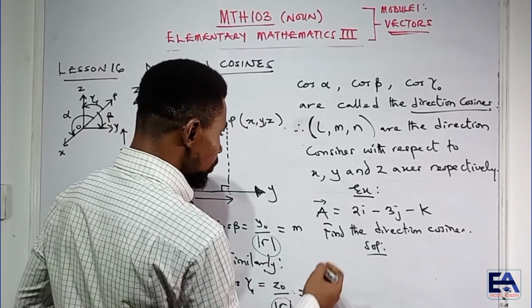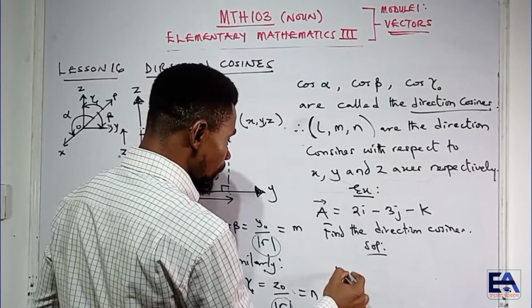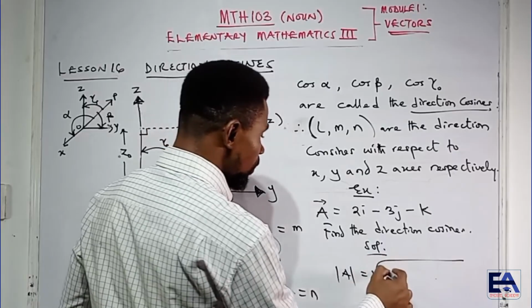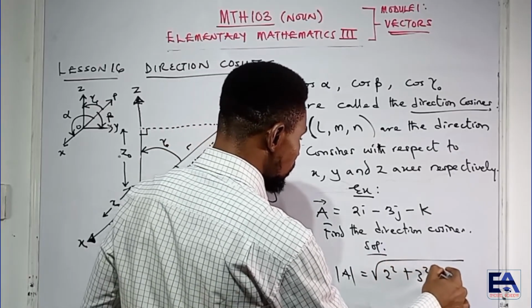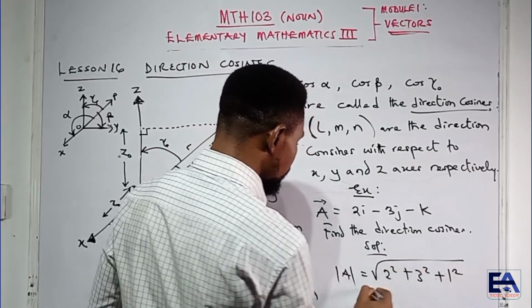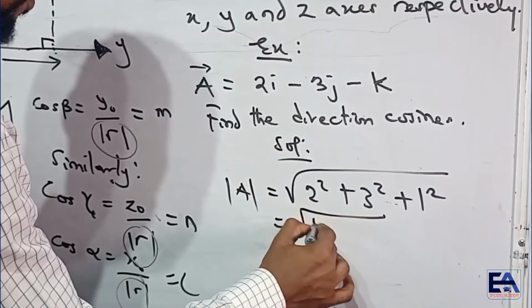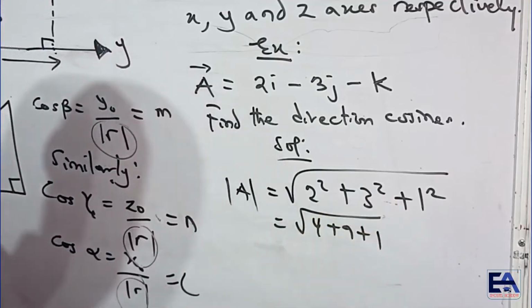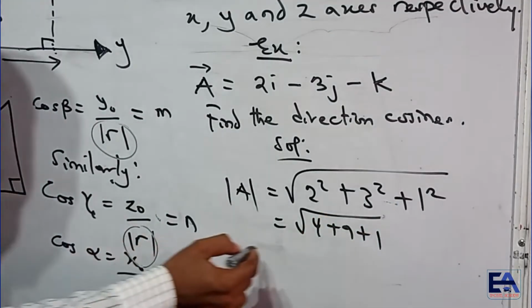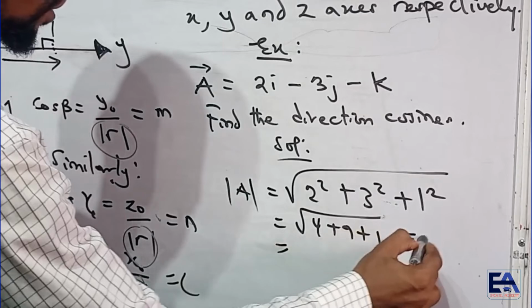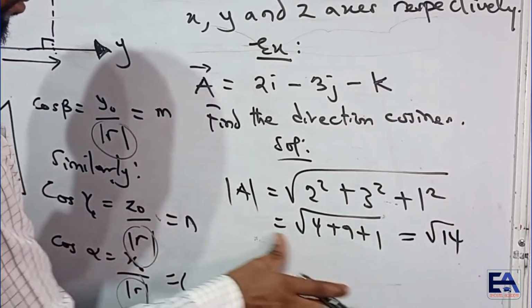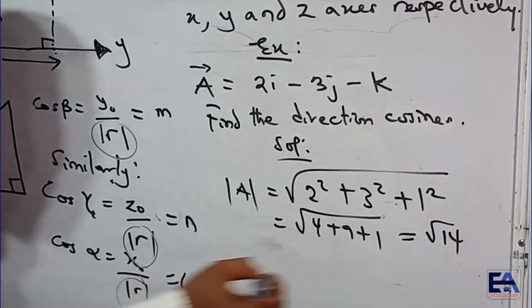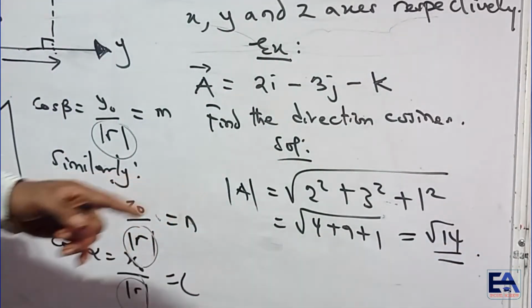The magnitude of vector A is the square root of 2 squared plus 3 squared plus 1 squared, which is the square root of 4 plus 9 plus 1. So at the end of the day, we have the square root of 14.